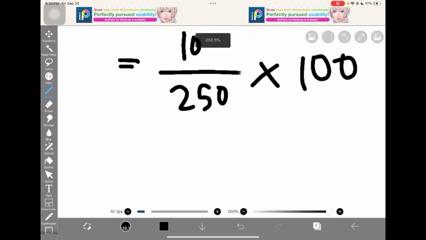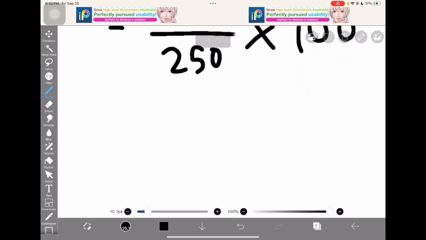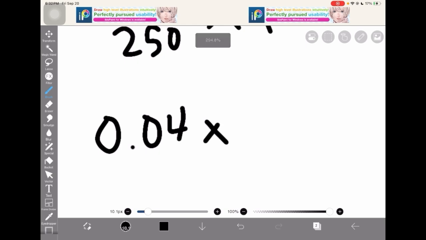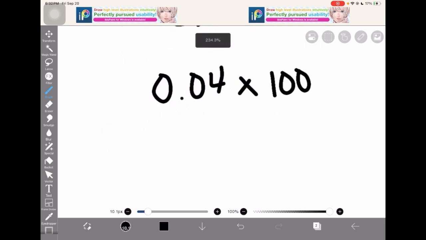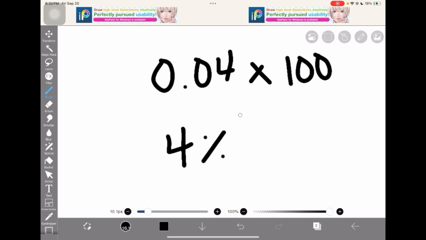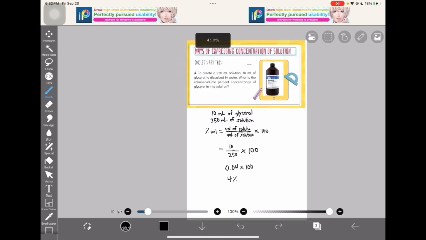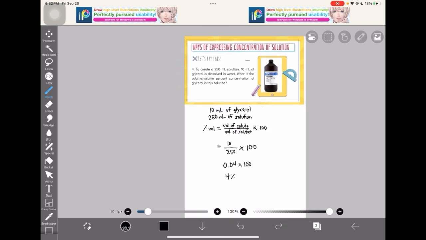So 10 over 250 is equal to, once you put it in the calculator, 0.04. Now we just have to times this by 100, and that's equal to 4. And that right there, you just have to add a percentage, and that's your answer. That's for number 4. Please take a screenshot and don't hesitate to contact me for any questions.